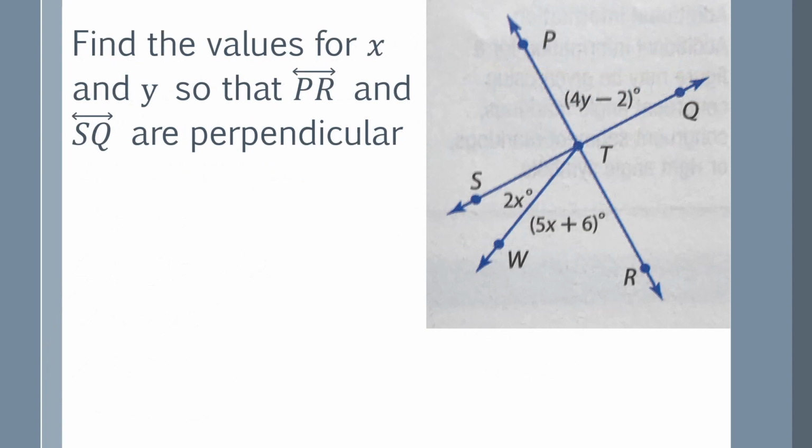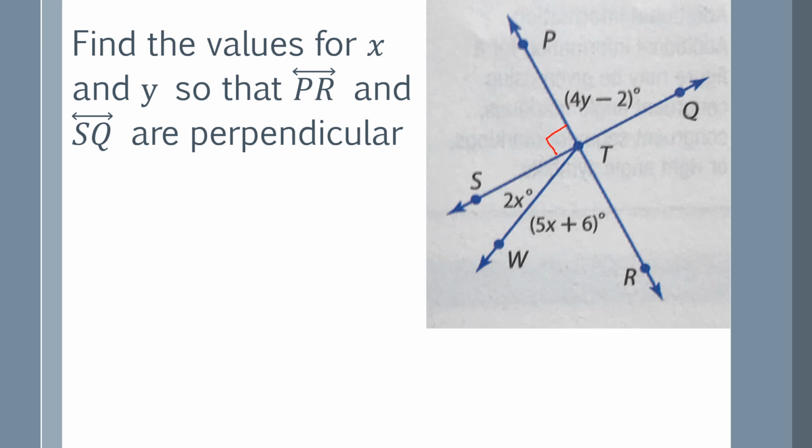Okay, now find the values for x and y so that line PR and line SQ are perpendicular. So what does this mean to do? Well, the first thing I like to do when I get a problem like this is I'm going to draw my perpendicular symbol on one of the angles.